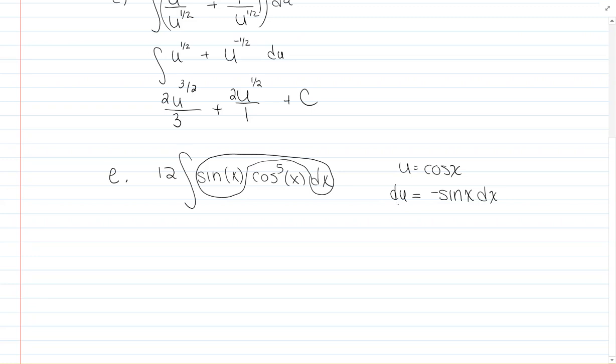And that's just another name for du. So I've got the 12 hanging out in front. Cosine to the 5th x, well, cosine x is u, so that's going to be u to the 5th. And then sine x dx is, we'll divide off by -1 here. Sine x dx is du over -1.